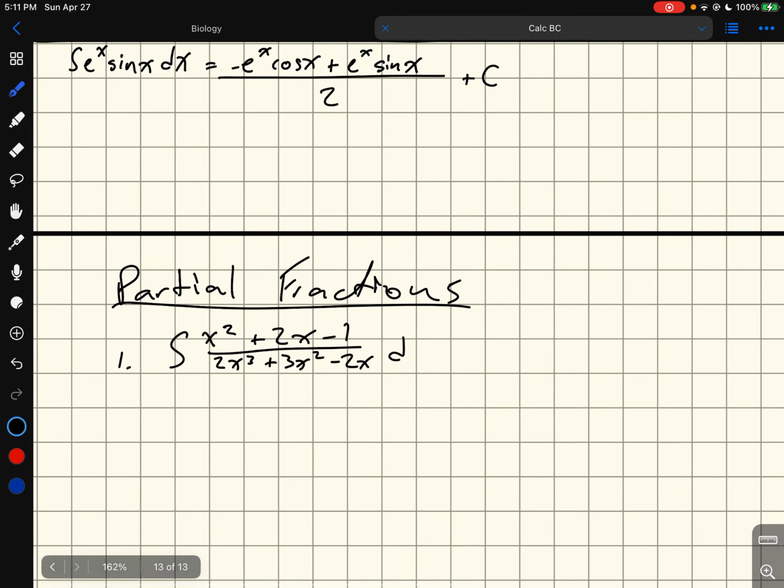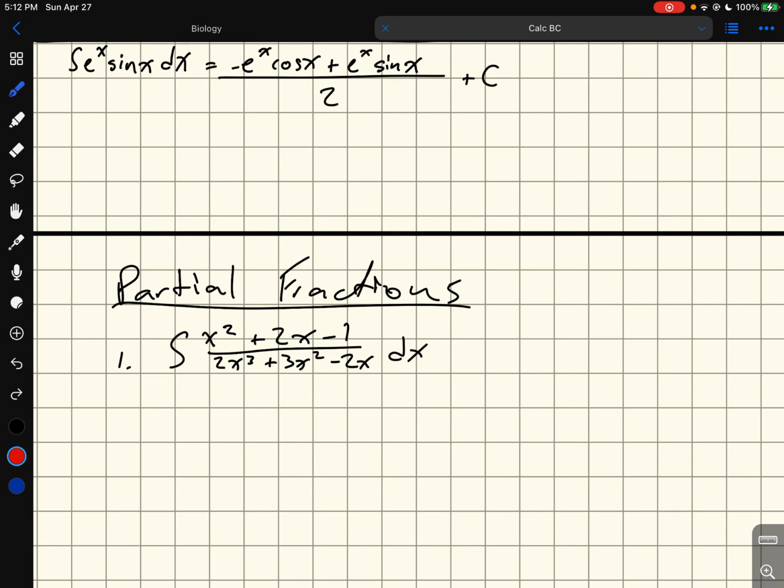Okay, so our issue is that we don't know how to integrate that, because we can't sub the bottom and have it equal the numerator, and we can't sub the numerator and have it equal the denominator.